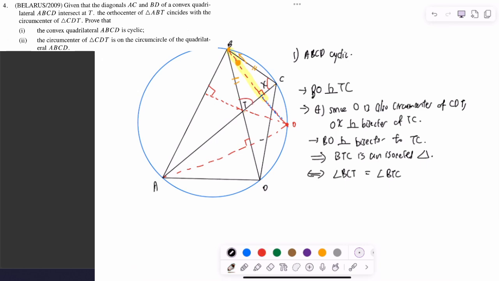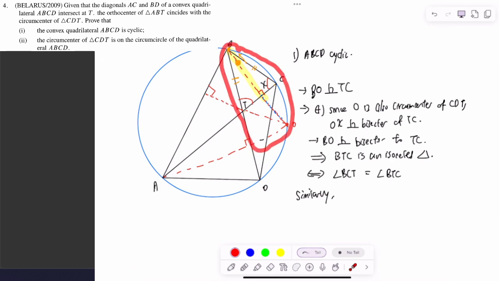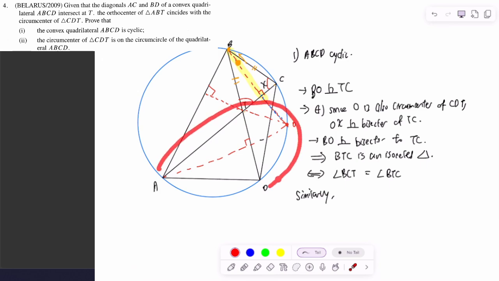Okay, now similarly, we can apply the same logic, because just now what we did was cover this side here. Now we can apply exactly the same logic to this side.